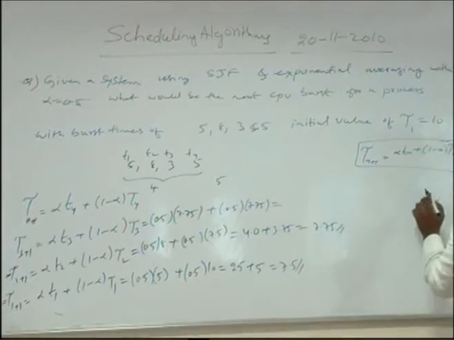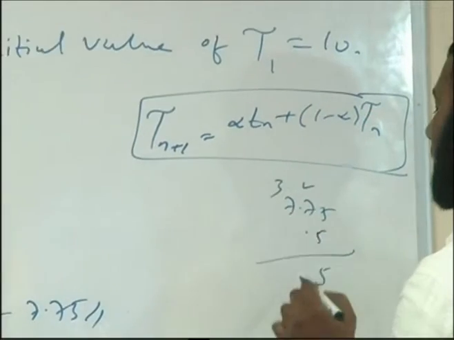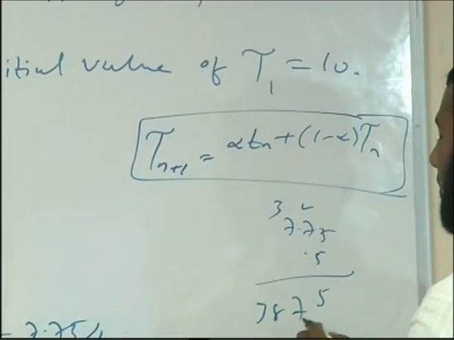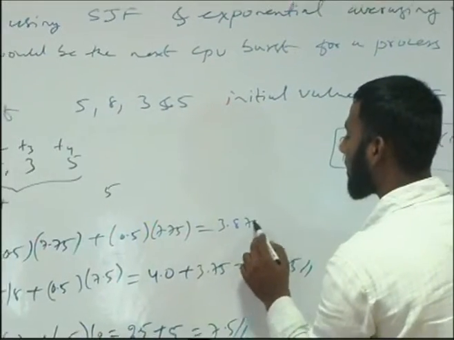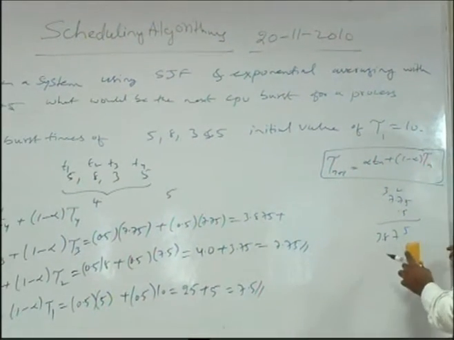So, 7.75 into 0.5 is 3.875, plus 7.75 into again 0.5.